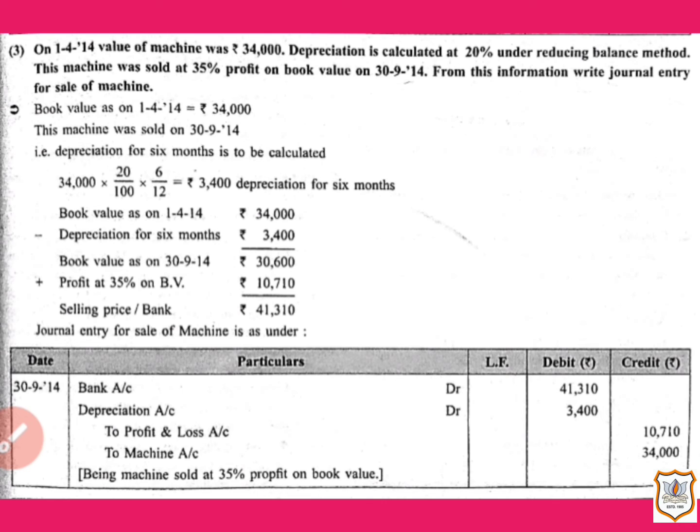So here in this case, we are given book value as on 1st April 2014, that is rupees 34,000. And here depreciation will not be charged on the machine for the full year, as it has been sold on 30 September 2014.